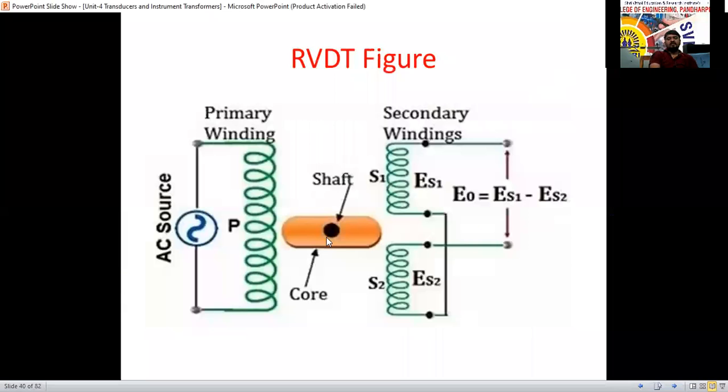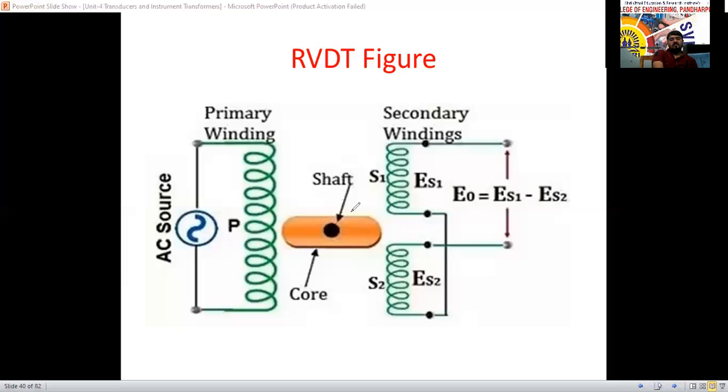Next we will go for this diagram. Again here, one primary winding is there and two secondary windings are there, S1 and S2. EMF induced in S1 is ES1, and EMF induced in S2 is ES2. Suppose it is moving in the anti-clockwise direction.